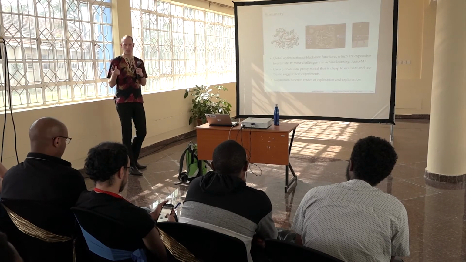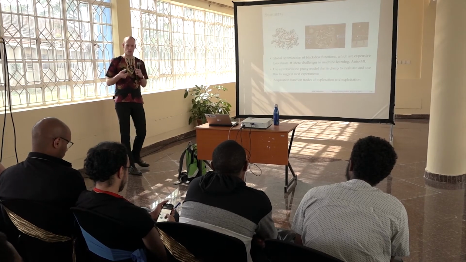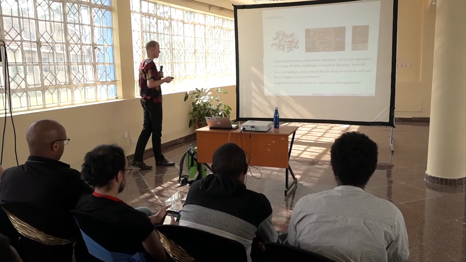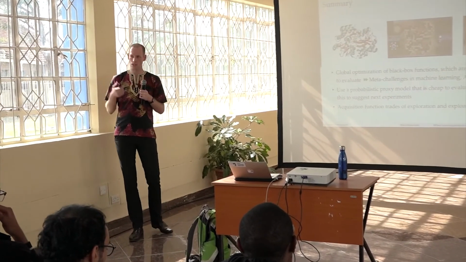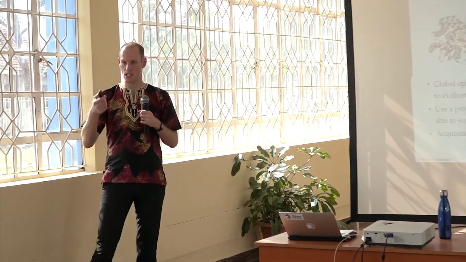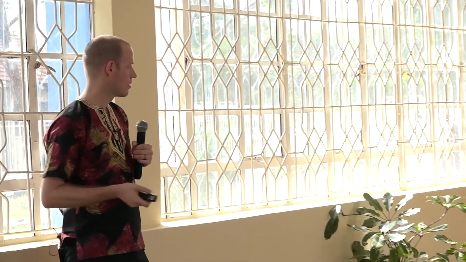And really the key idea here was to use a probabilistic proxy model, the Gaussian process in our case, which is cheap to evaluate, and use this proxy model to suggest where to evaluate next. Yeah? And the acquisition function trades off this issue of exploration and exploitation. So these are really the key ideas behind Bayesian optimization.